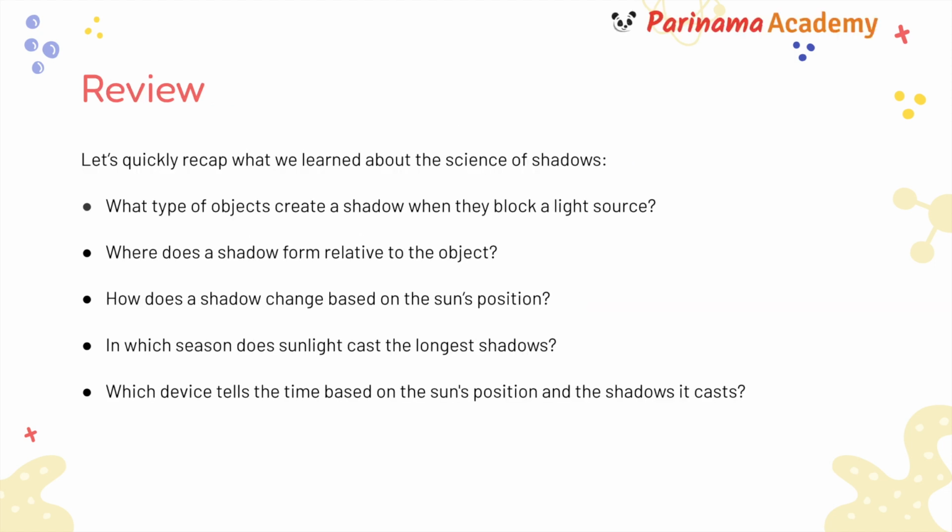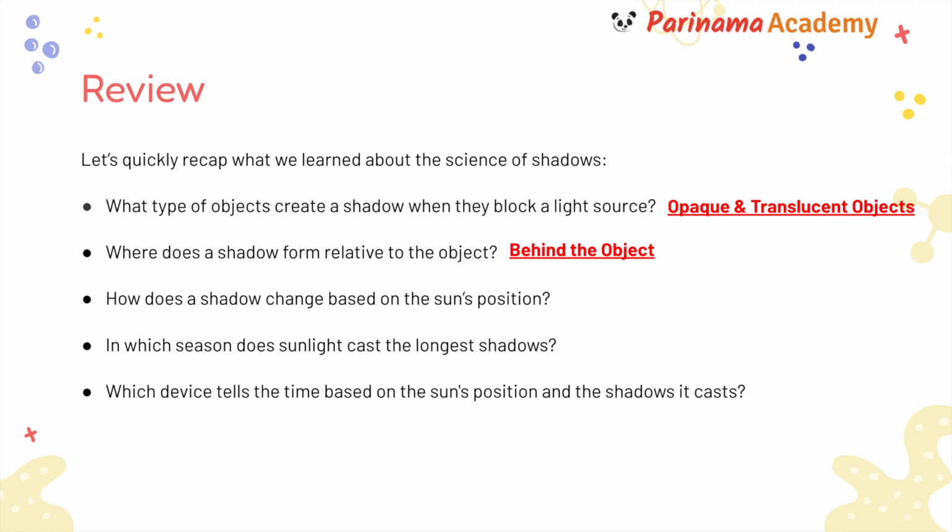Let's quickly recap what we learned about the science of shadows. What type of objects create a shadow when they block a light source? Opaque and translucent objects. Where does the shadow form relative to the object? Behind the object.